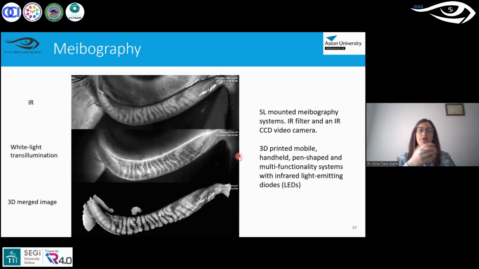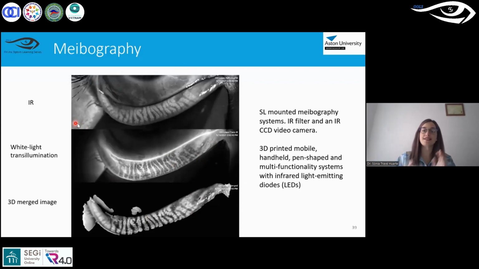Instead of white over black, black over white, which can sometimes help if there's any blockage, to see it more clearly. And this device, the LipiView, does a 3D merged image. But for meibography, as long as you have an infrared source, you're good.